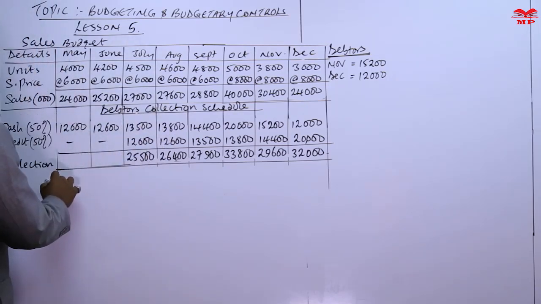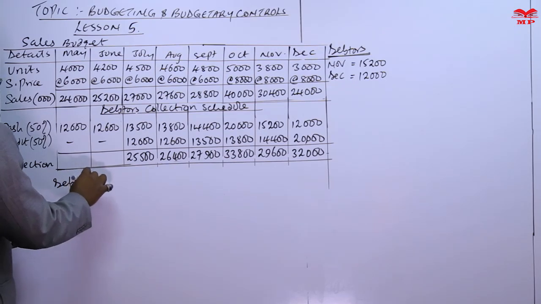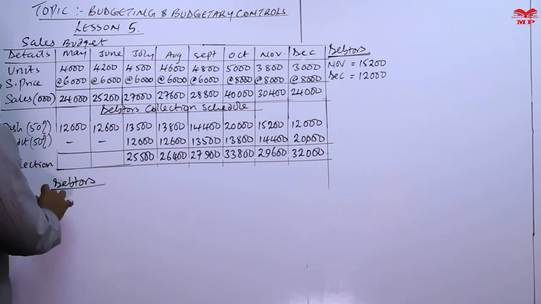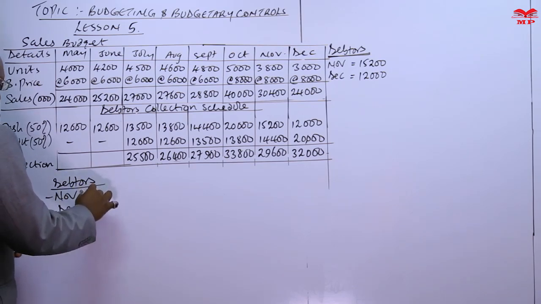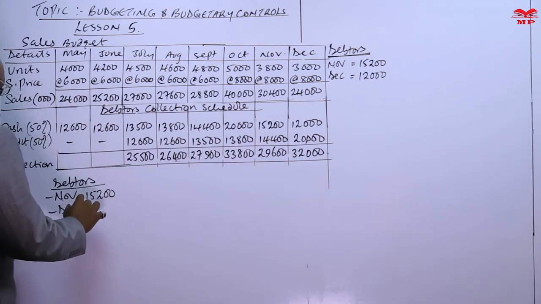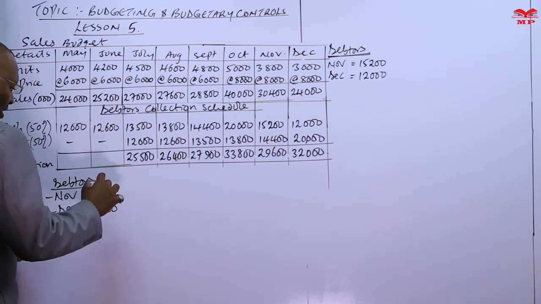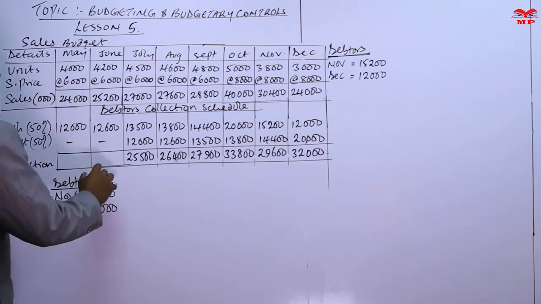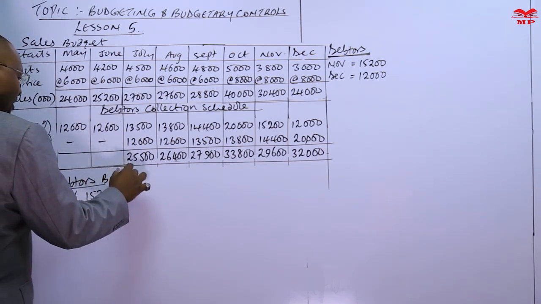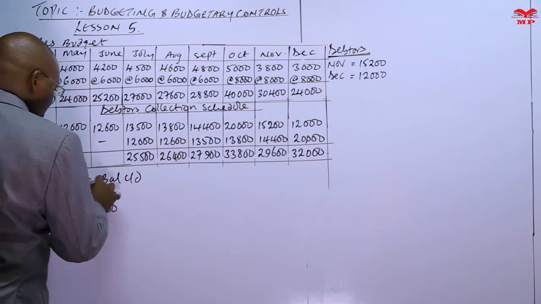I transfer my debtors. So this is November and December. I'm having 15,200 and I'm having 12,000. Now this is debtors, balance carried down at the end of this period.